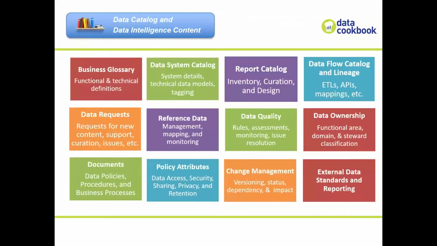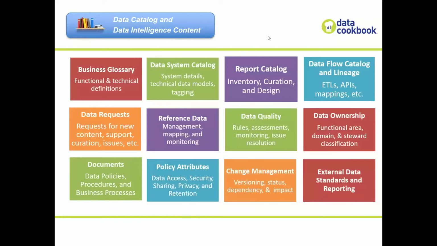And from those problems you're trying to solve, deciding what parts of a governance framework and what parts of data intelligence content do you want to prioritize to track to help solve those problems, right? These are a means to an end. If your goal is to improve your self-service reporting within your organization, that might mean having a better report catalog, a better data system catalog, and good glossary definitions. That might be where you prioritize.